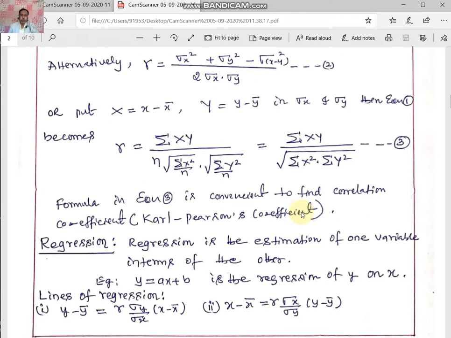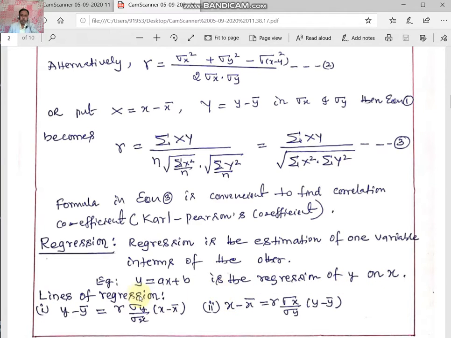Then regression. Regression is the estimation of one variable in terms of the other variable. That is, we are finding the y value when x is known. That is, y is equal to ax plus b is called the regression line of y on x.